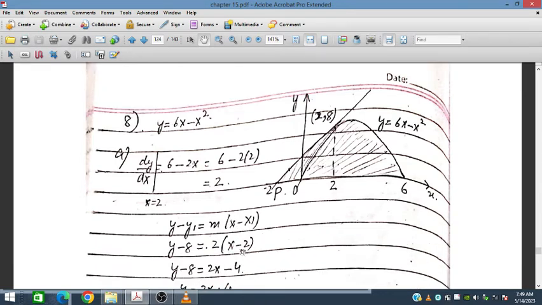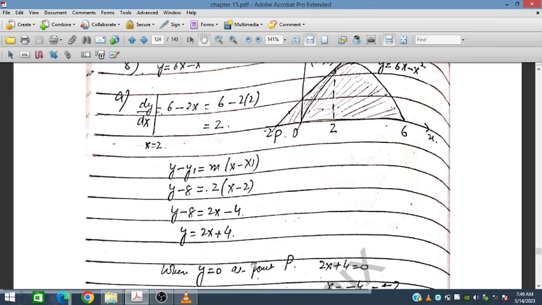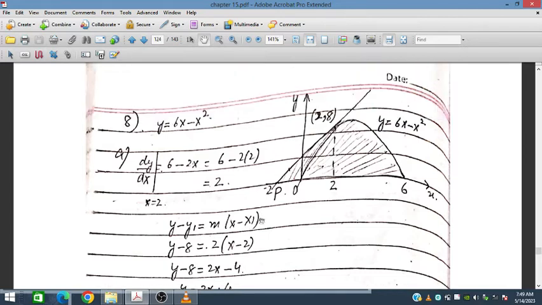The line equation is obtained. We have to obtain the area. So this area from here to here, this area, and then this area.